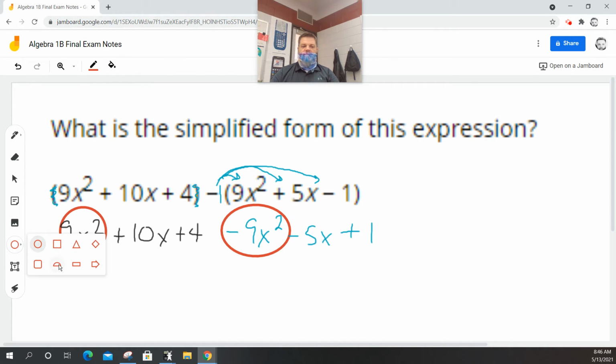I'm basically trying to find the like terms. I've got 10x here, that's x to the first power.